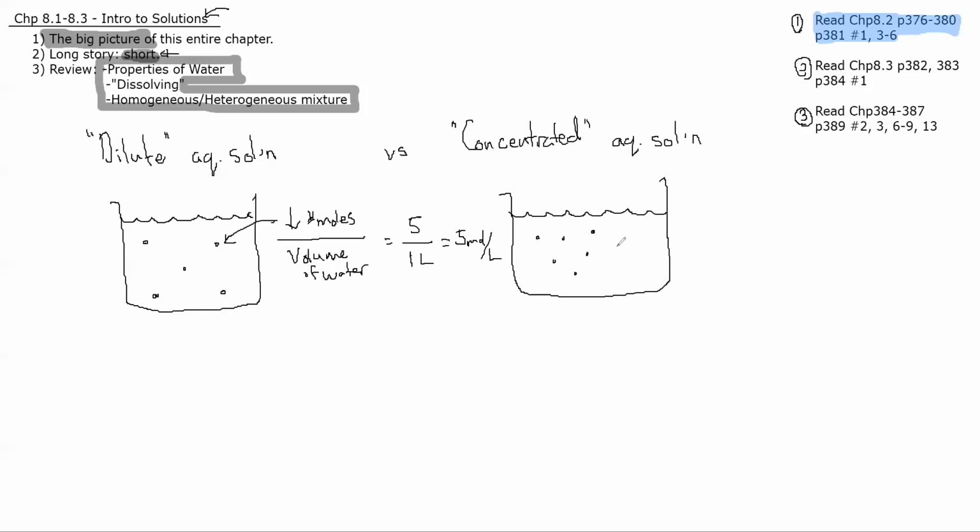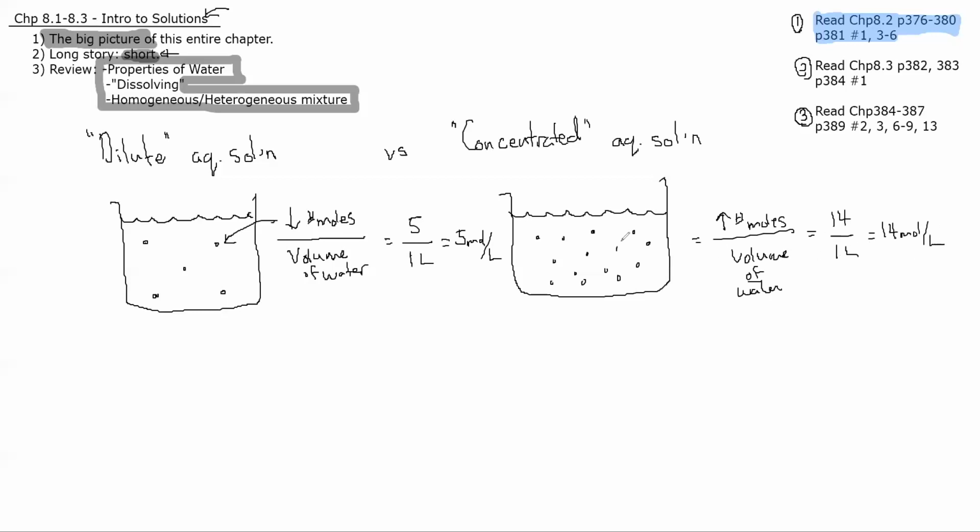Now let's pretend I sprinkled a whole bunch more. How many dots is that? 1, 2, 3, 4, 5, 6, 7, 8, 9, 10, 11, 12, 13, 14. I have a lot of moles in the same volume of water, right? So if I have, in this case, 14 dots, 14 over 1 liter, that's going to be 14 moles per liter.